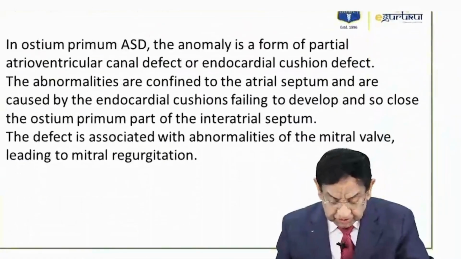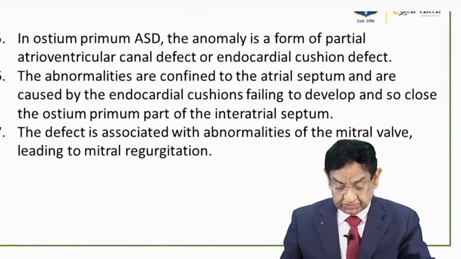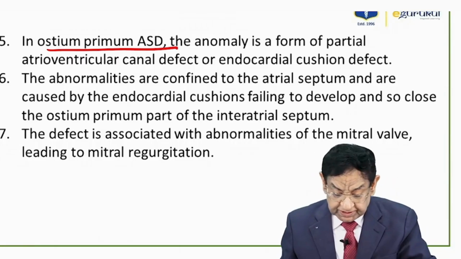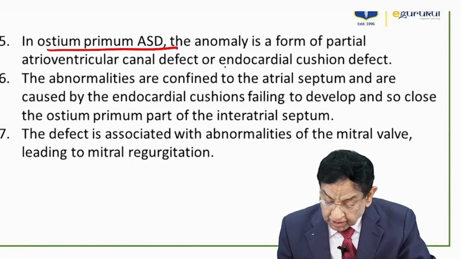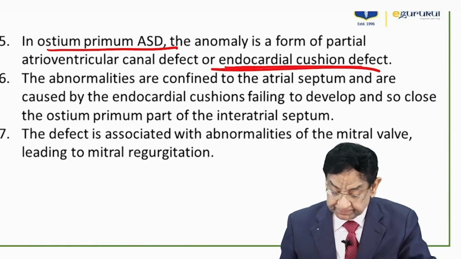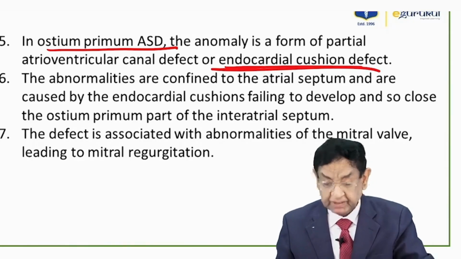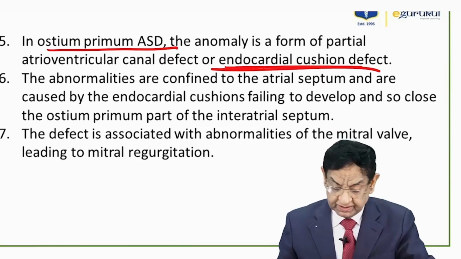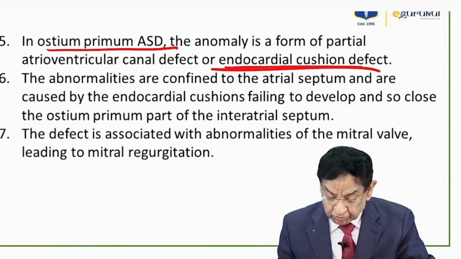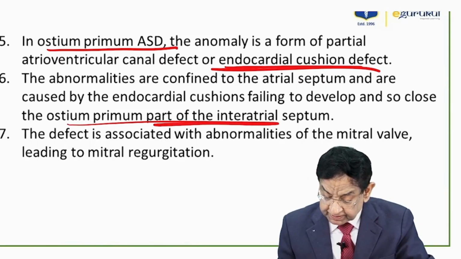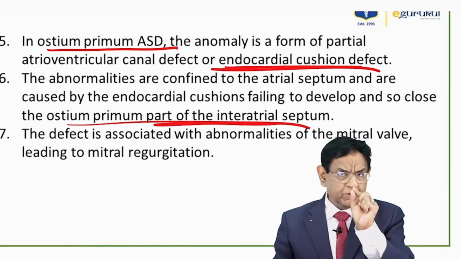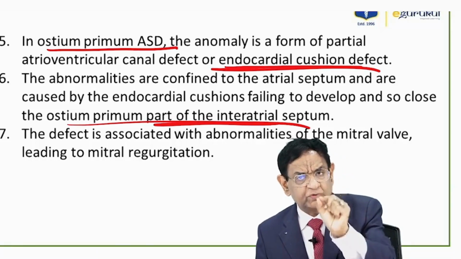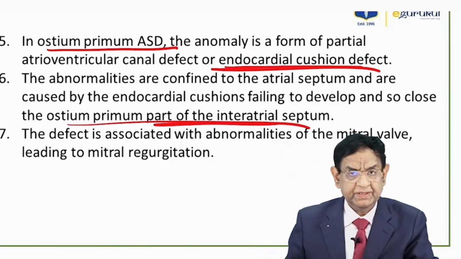Then we have an ostium primum defect also. This is due to endocardial cushion defect, and due to this defect, they are not able to make the septum. The point to be noted, the secundum was due to persistent fossa ovalis.